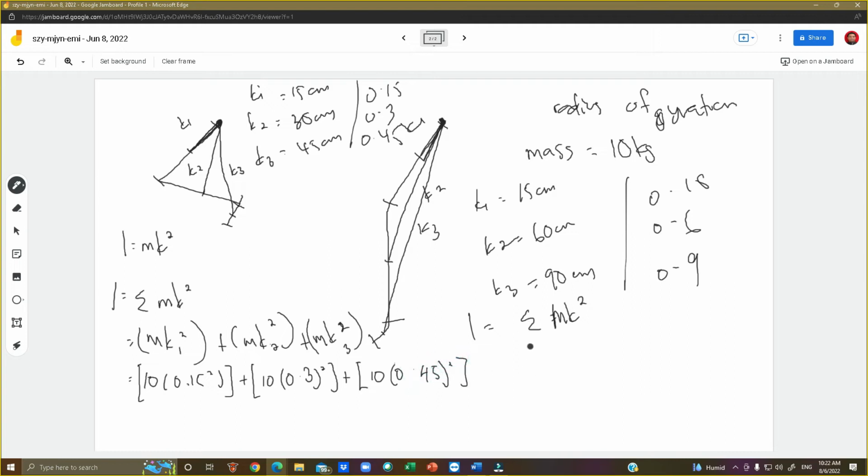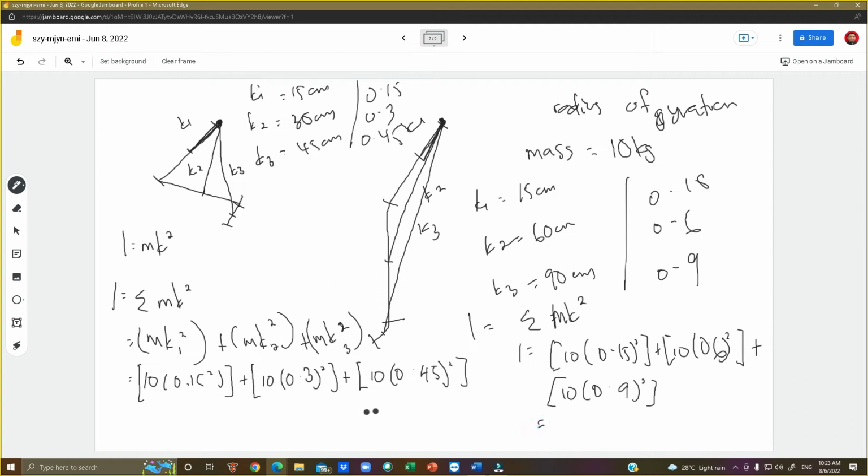Here we have 10 times 0.15 square plus 10 times 0.6 square plus 10 times 0.9 square.